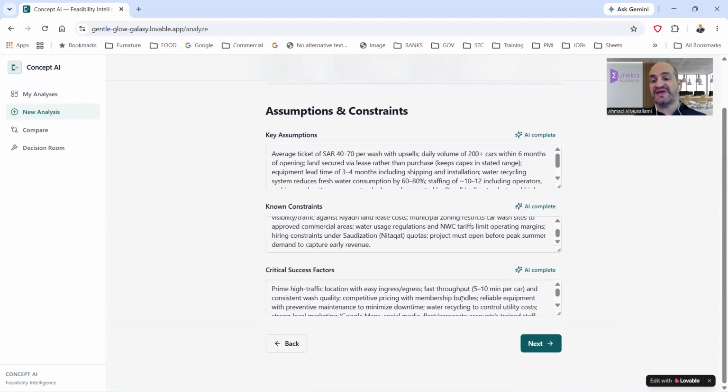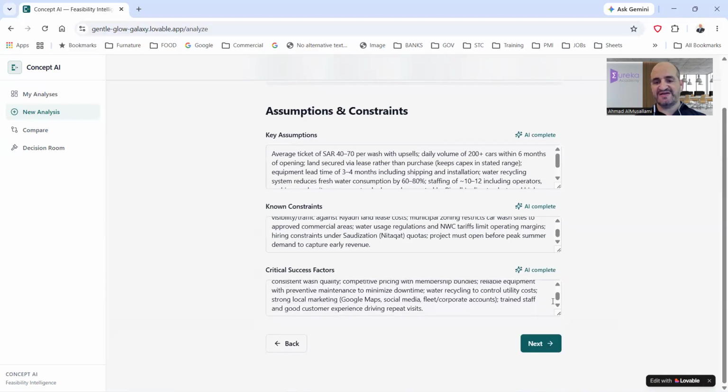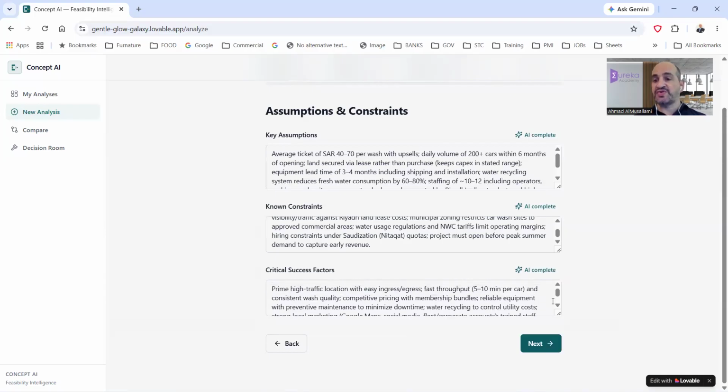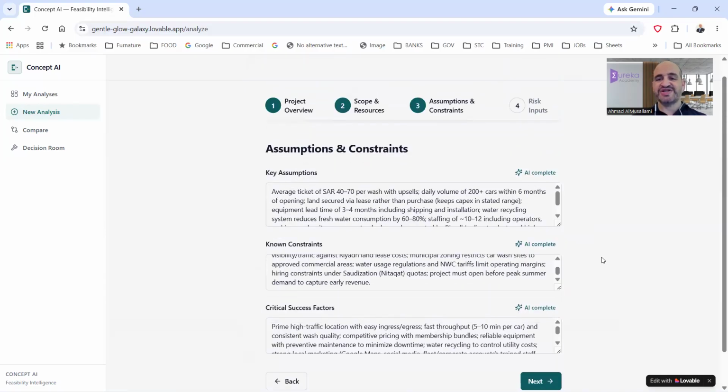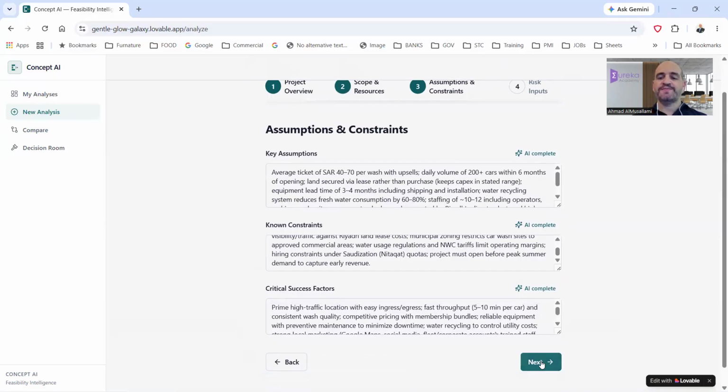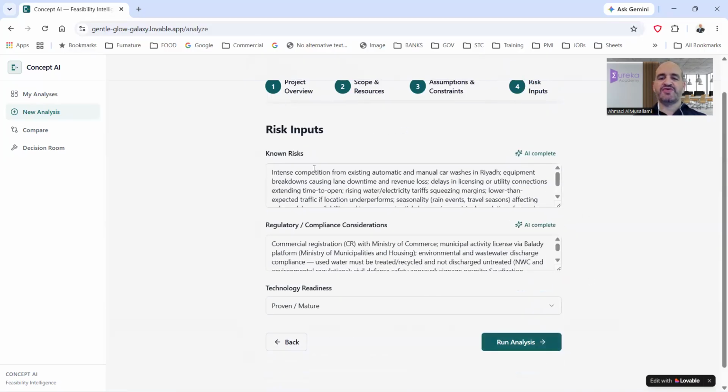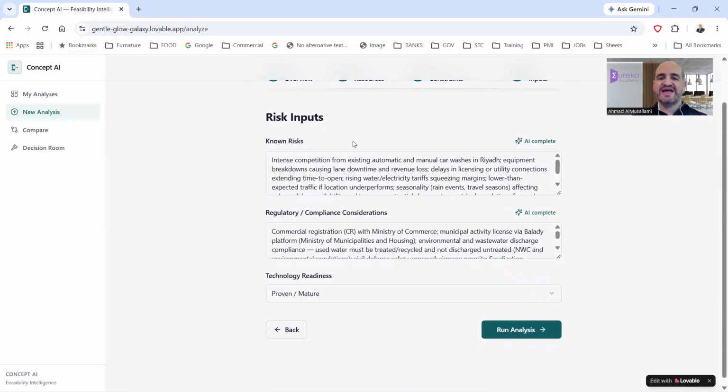So this will be the differentiator of this service compared to the traditional ones. Yeah. So again, we move to what are the key risks.